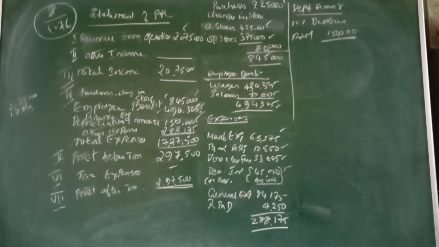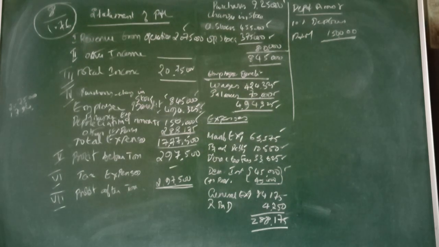See, when we are given the purchases, opening stock and closing stock, what we have to do is ascertain the change in stock, and that should be adjusted against the purchases. What does it mean? Simple.